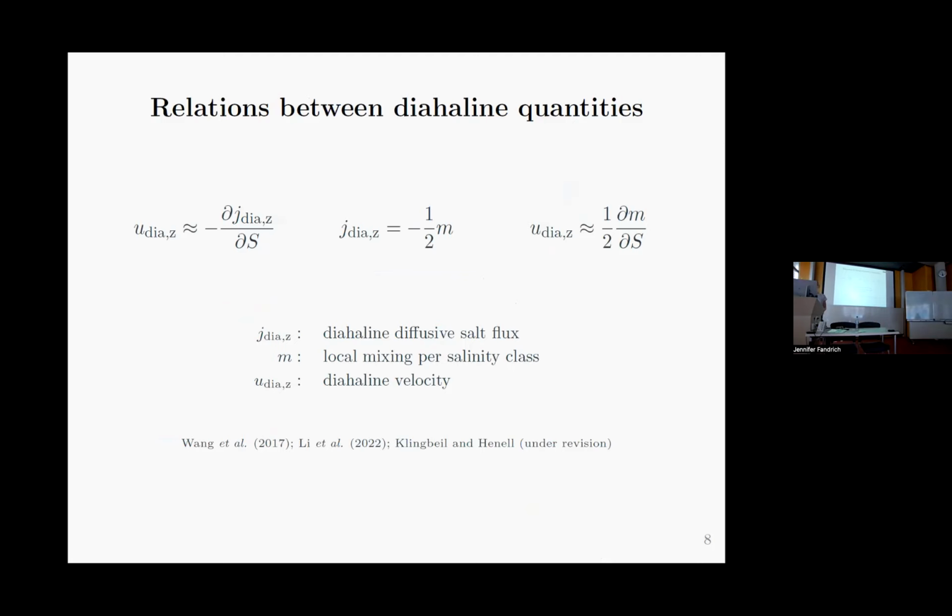Yes. Okay, so what we have seen up until now in my talk are a lot of different diahaline quantities. So you saw the small m, the local mixing per salinity class. You also saw the diahaline velocity and the diahaline diffusive salt flux. And in all these different studies, and also in Knut's and my recent manuscript that we have submitted, we derive all these.